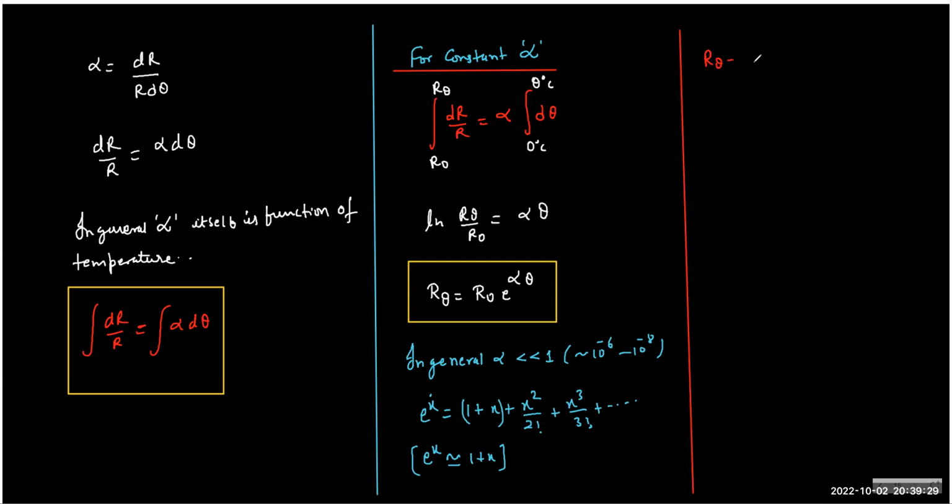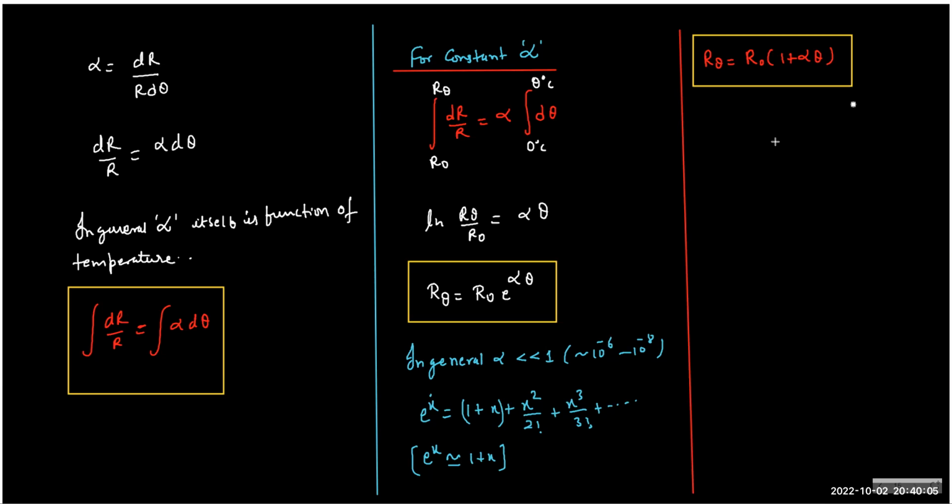Therefore, R theta will be R0 times 1 plus alpha theta. And this is what you will see in general in textbooks. So it's a very much linear relationship. This is what you study in high school. So this is the school level, but you should know that this comes from the rigorous derivation.